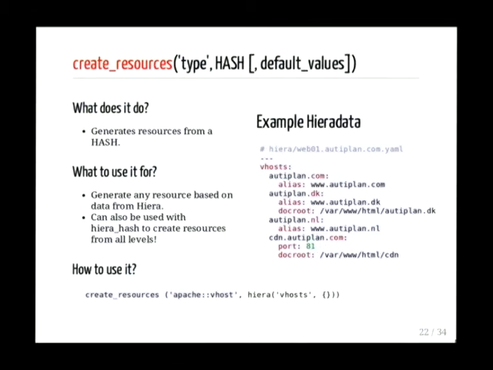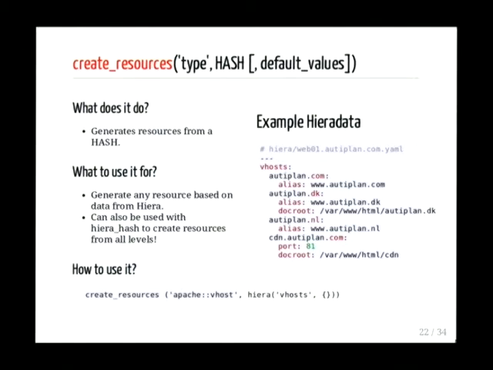With create_resources, you can generate resource definitions. So for instance, here's an example, we want to create resources of the type apache vhost, that's the first parameter, and we load the data. The second parameter is a hash. We can also load it straight from Hiera, of course. It looks up the key vhost.